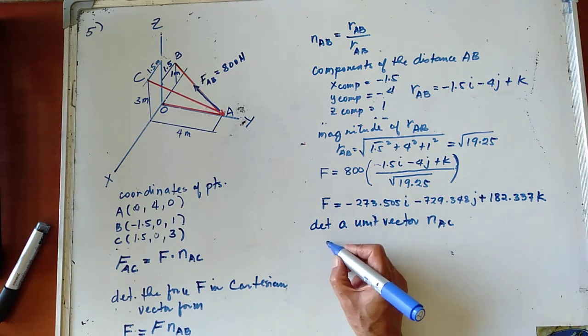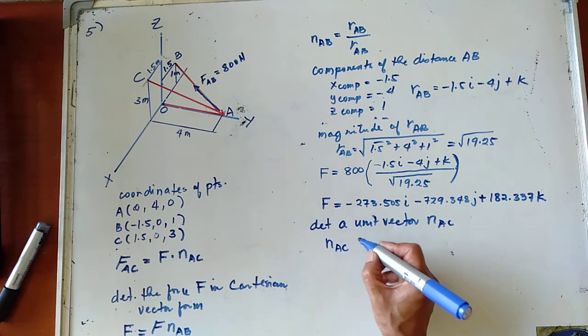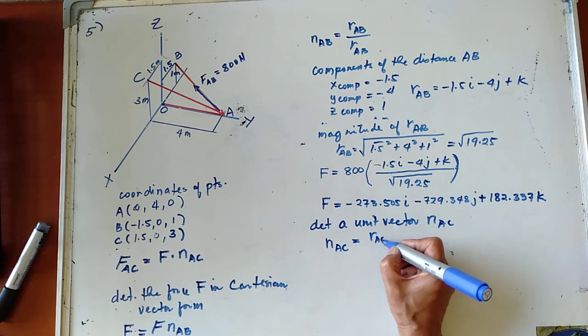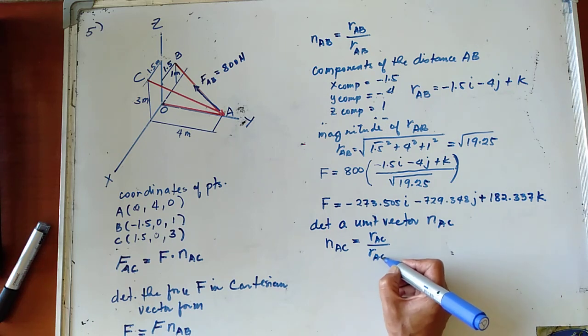So first, let's determine n_AC. We have r_AC over the magnitude of AC.